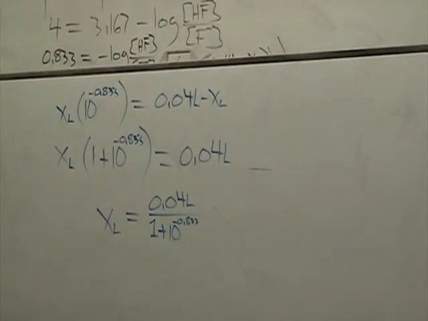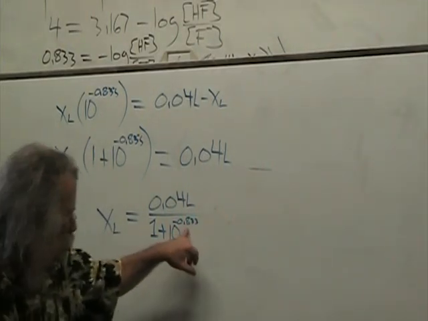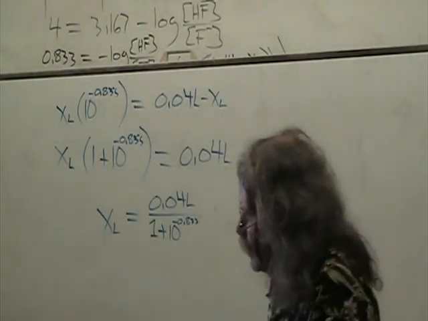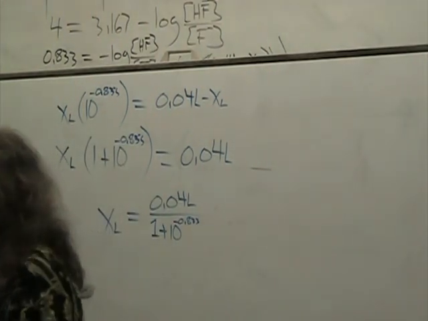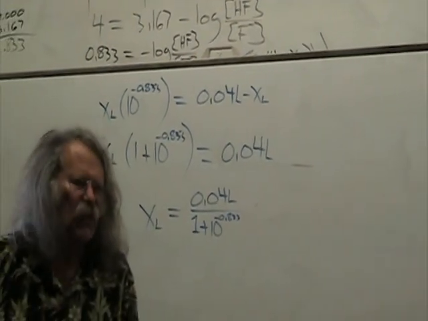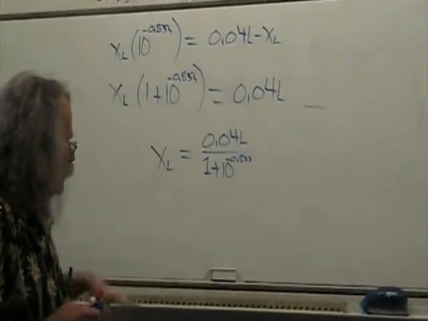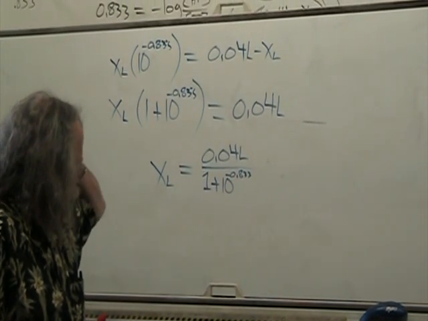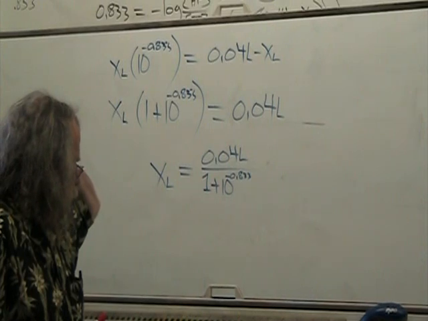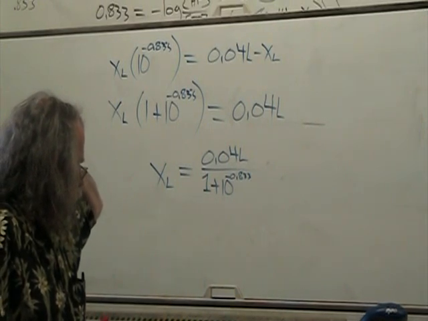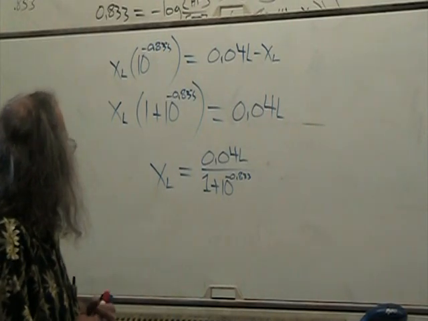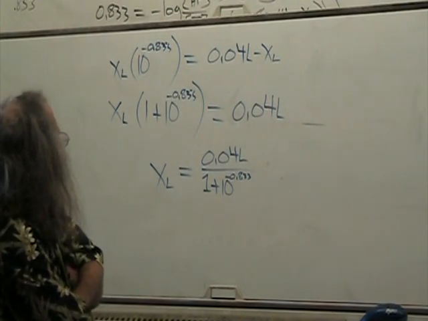And now we're going to have to get close with that one. What is 10 to the minus 0.833? How do I end up with a negative?